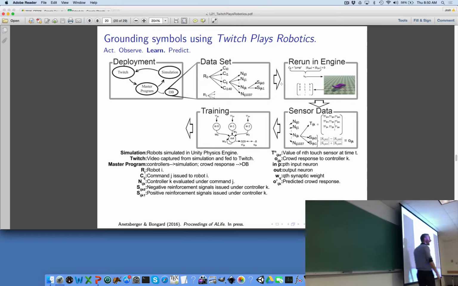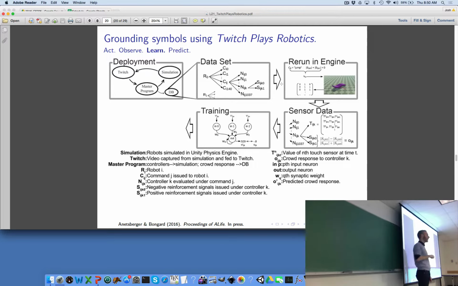We treat that number as the prediction of the neural network about how the crowd responded. In this cartoon example, the neural network says, I think the crowd was split. It's close to 0.5, so half of the crowd thought the robot was obeying the command jump, and the other half thought the robot was disobeying it.